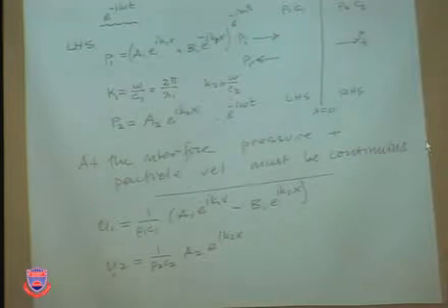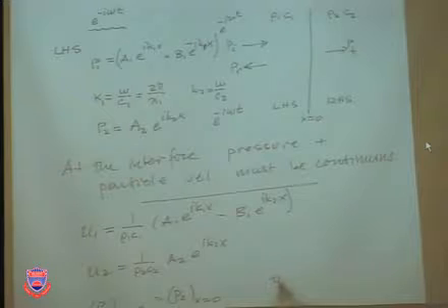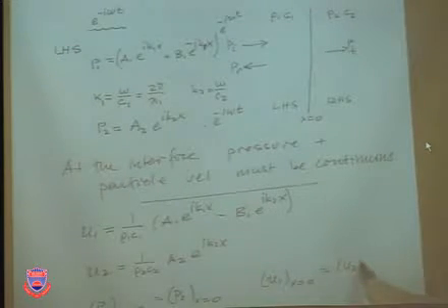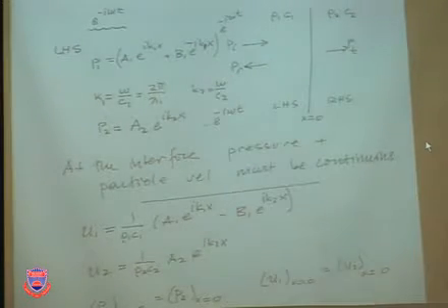So if we have P1 at x0 equal to P2 at x0, and U1 and U2 at the boundary, all we do is substitute these.